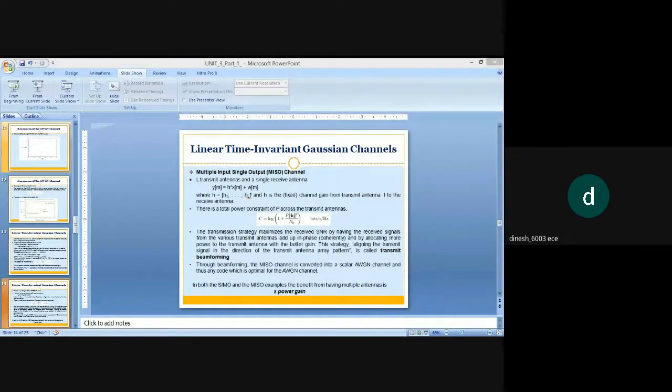Next is the discrete Fourier transform, the DFT. H of f will be equal to the summation over l equals 0 to n minus 1 of hl e power minus j2 pi lf divided by W, the bandwidth.